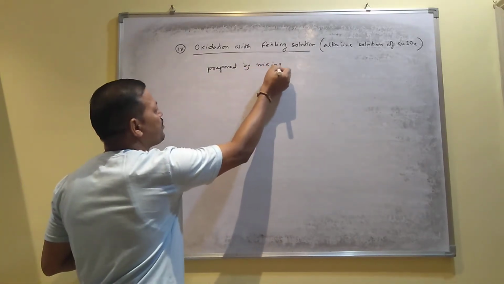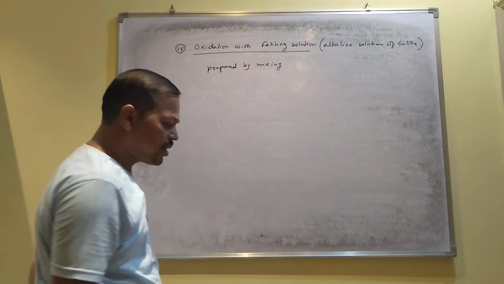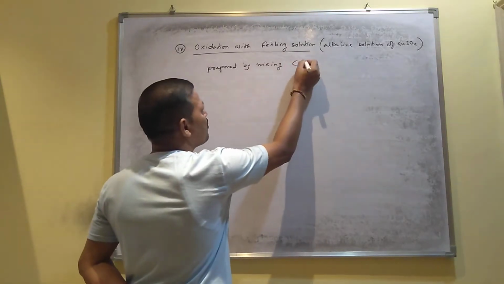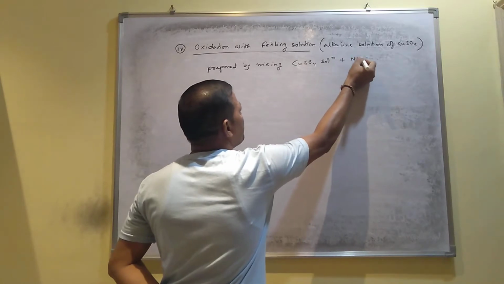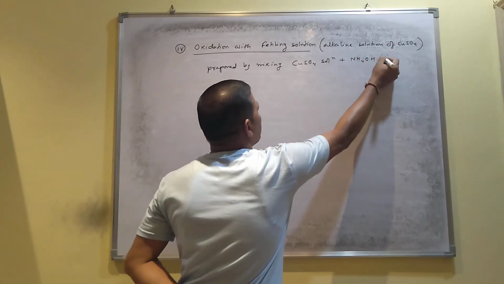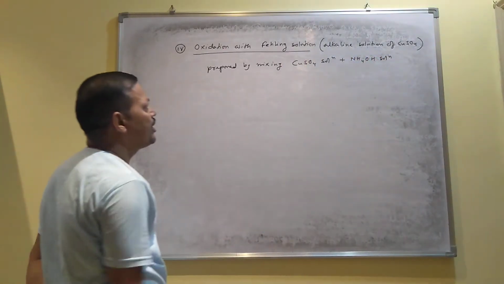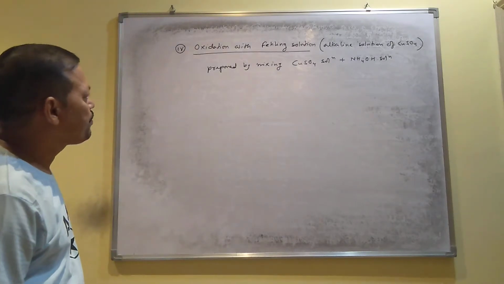mixing copper sulfate solution and ammonium hydroxide solution. This way, Fehling solution is prepared.